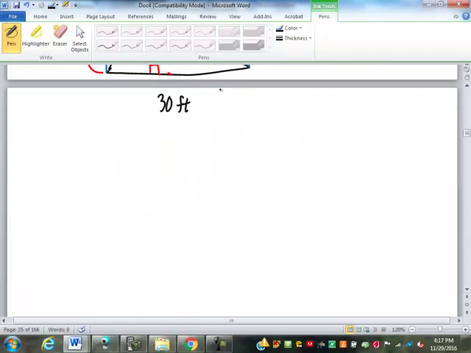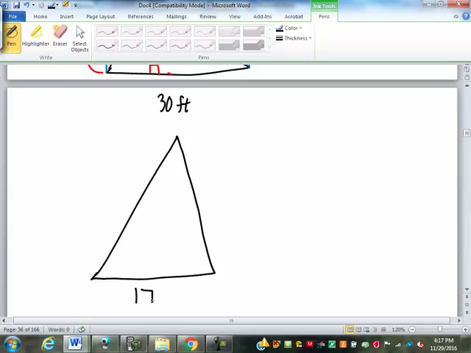How about you try one? So let's say that this is 17 inches. That's 20 inches. Find the area.